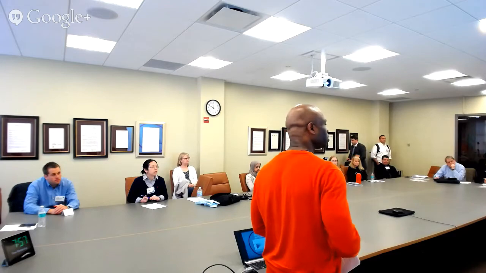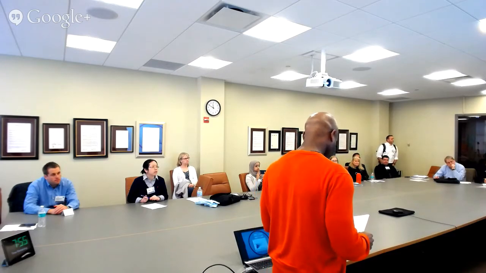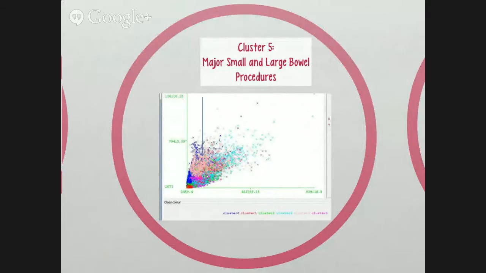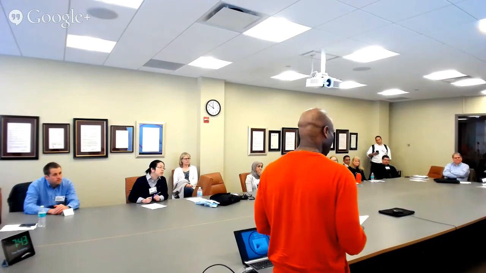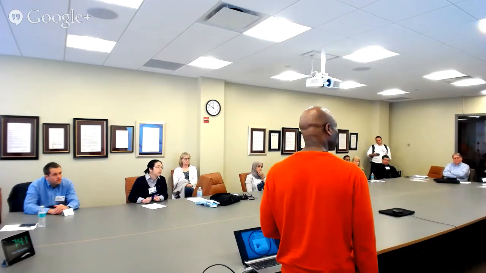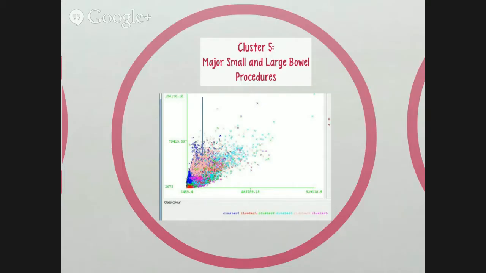For the major small and large bowel cluster, medical providers in Baltimore, Maryland were more likely to submit such large dispersion in what they were billing Medicare. Of the $77,000 that these medical providers in Baltimore, Maryland were charging Medicare, $25,000 was what Medicare was actually paying for these services.